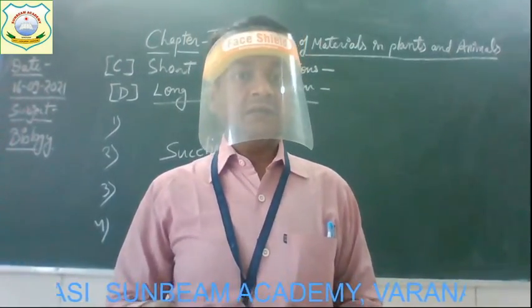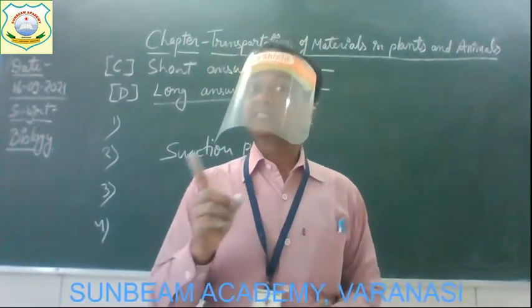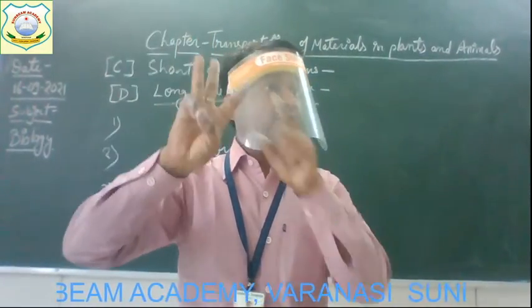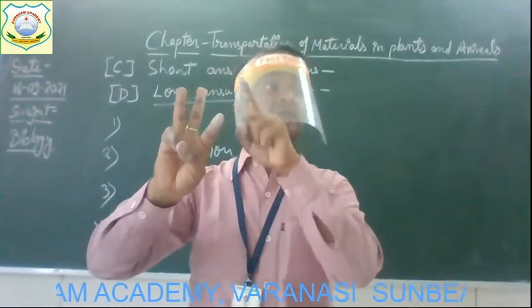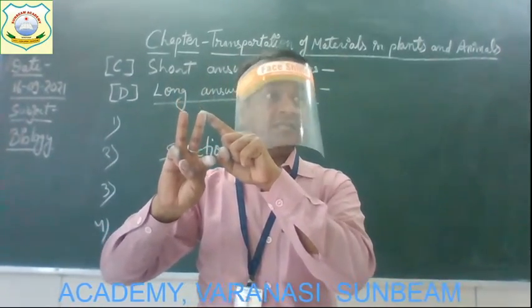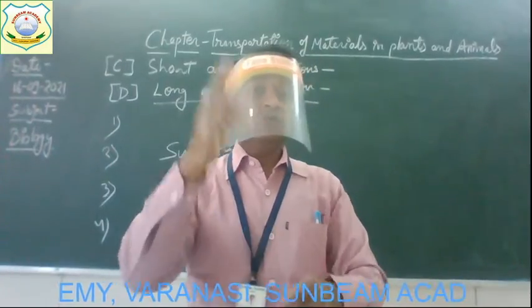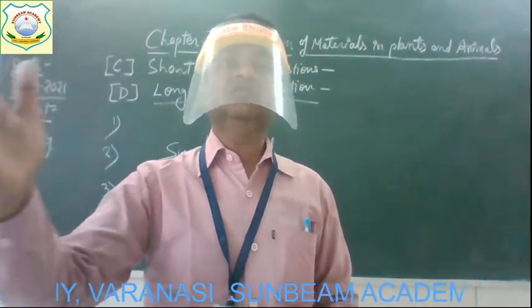Get it? So our circulatory system consists of mainly how many components? Three components. The first one is blood. Second is blood vessels, and third is heart. That is very important. So one by one come to the function of these three components.